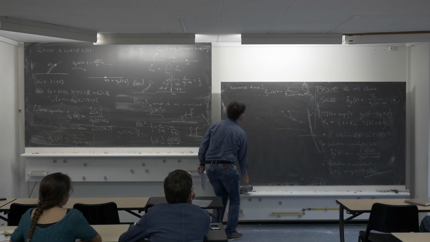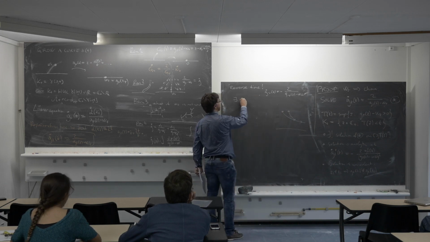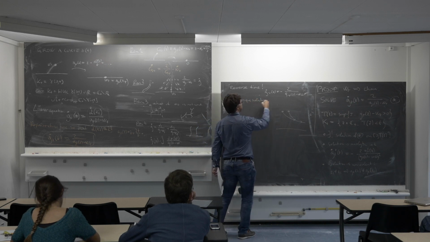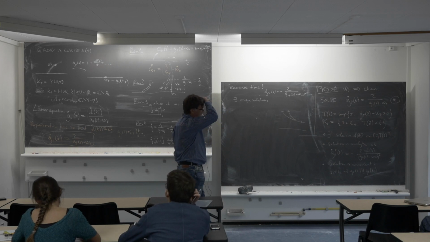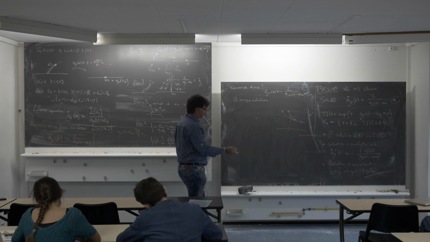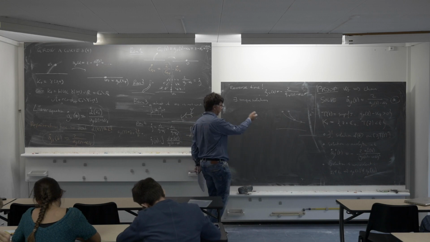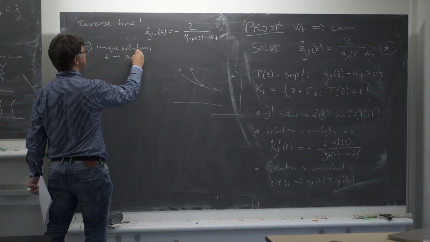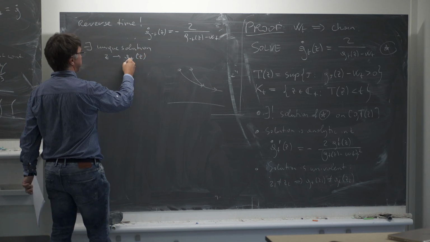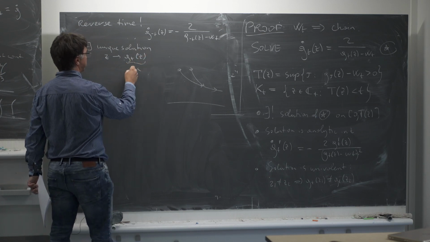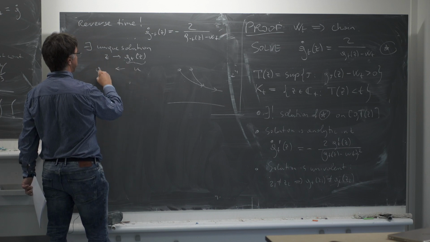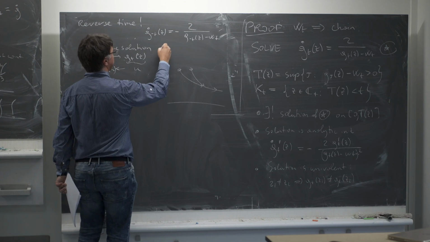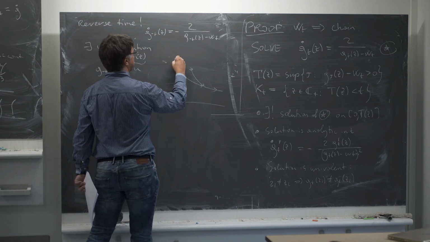So reverse time, there is a unique solution. So it means that the map z to g_t of z, or if you denote it u, this is u to g minus t of u, is one-to-one, it is a bijection.